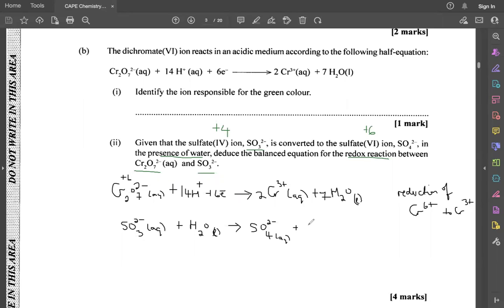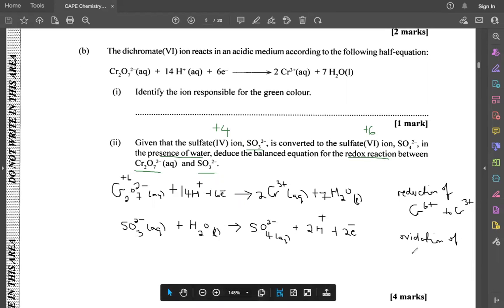plus what? So we get 2H+ and 2 e-. And this represents our oxidation of the sulfate.